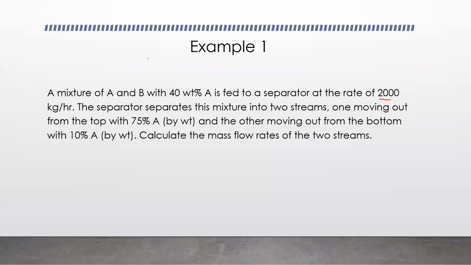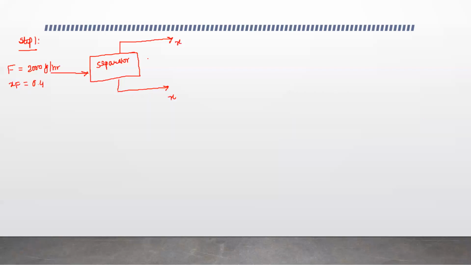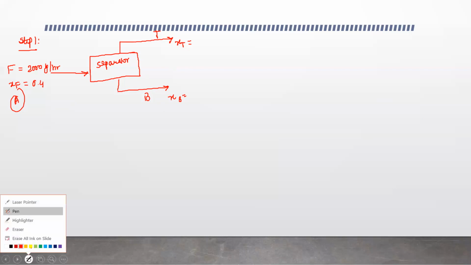Then the separator separates this mixture into two streams, one from the top. Let's call the top stream T, just like we have called the feed stream F. And the bottom stream, let's call it B. XT is going to be the weight fraction of A in the top stream, and XB is going to be the weight fraction of A in the bottom stream. All right, let's not call it B, otherwise you might get confused. I'll call it D, downstream.